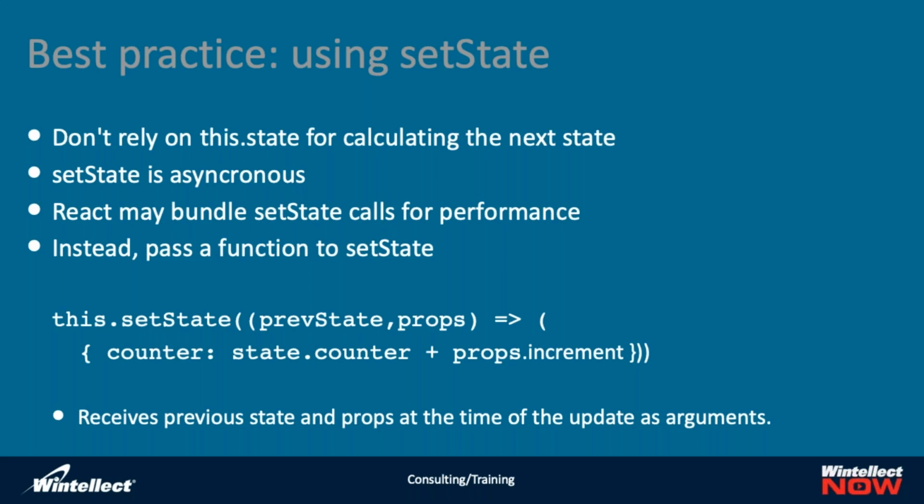And so you can't rely on the value of this.state for calculating the next state in your application, unless you pass a function to setState, and then that will cause state and props to be received at the time of the update as arguments. So this is a way to essentially get around setState being asynchronous and being able to count on the value of this.state.